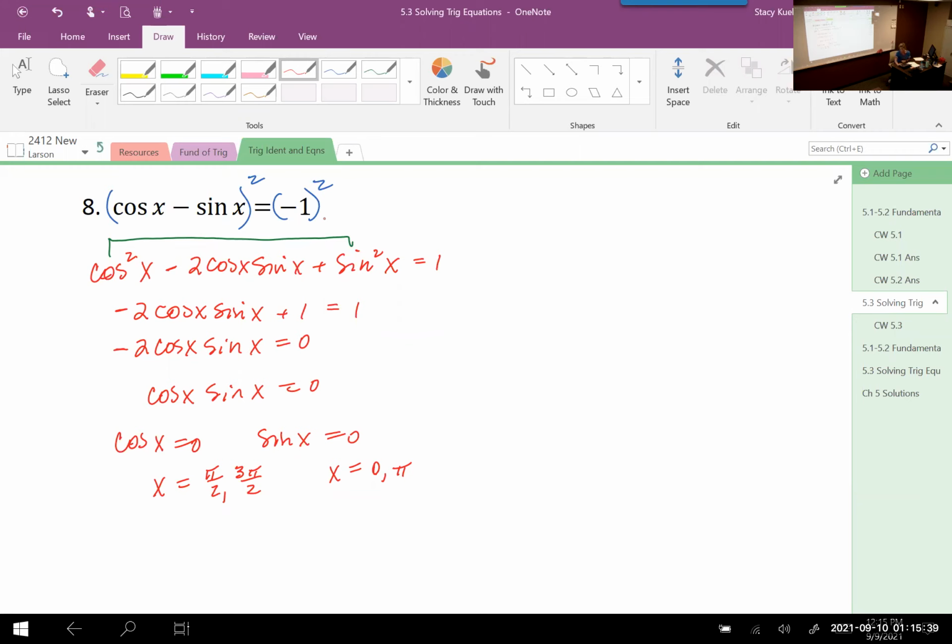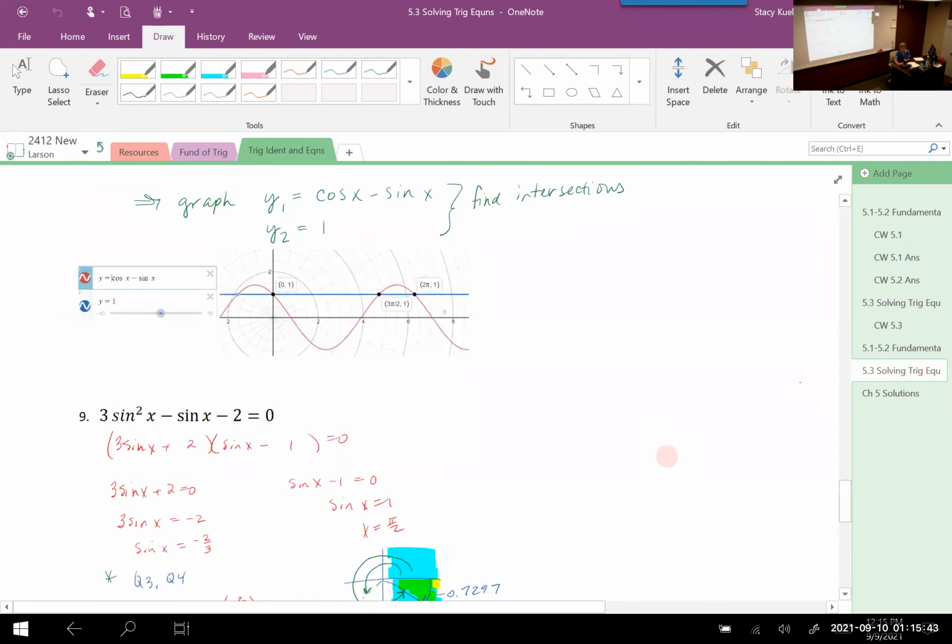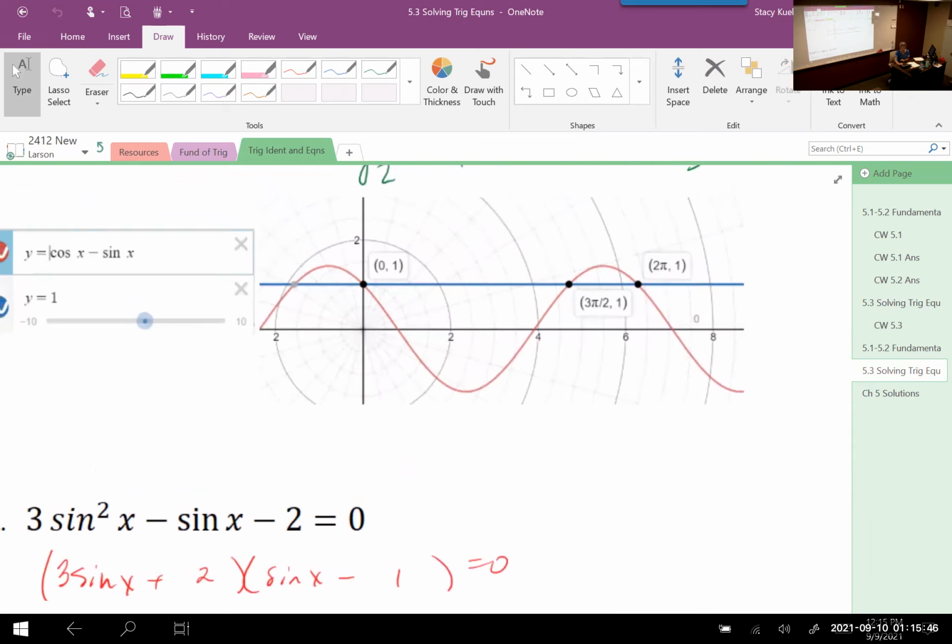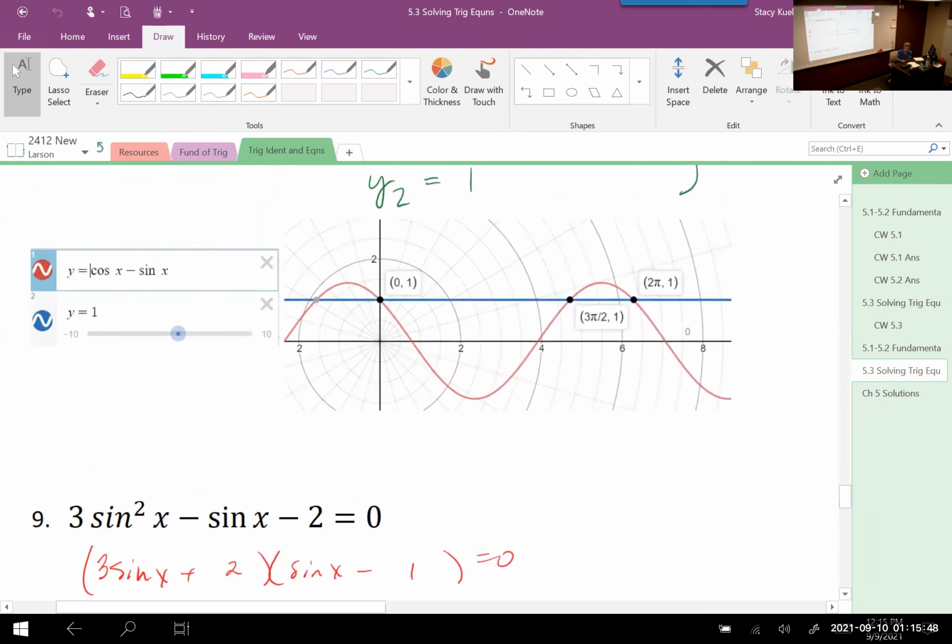So, in the interest of time, here I've done that. Okay, so I let y equal the left-hand side, cosine x minus sine x, and y equal the right-hand side, which is equal to 1, and I wanted to find out where the intersection of these functions occurred.